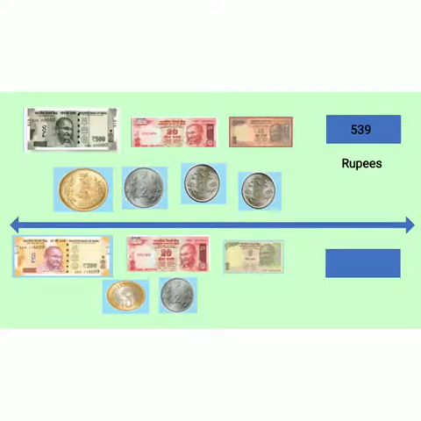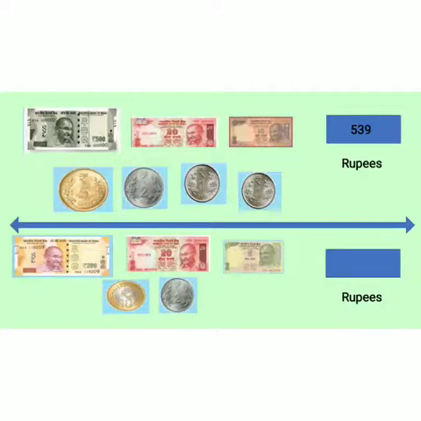You have to count them all together and write the total value of rupees in the given empty box. 200 plus 20 is 220, plus 5 is 225, plus 10 is 235, plus 2 is 237 rupees.